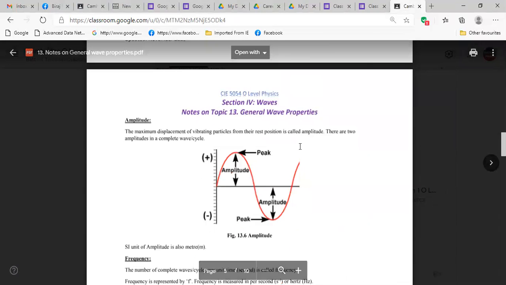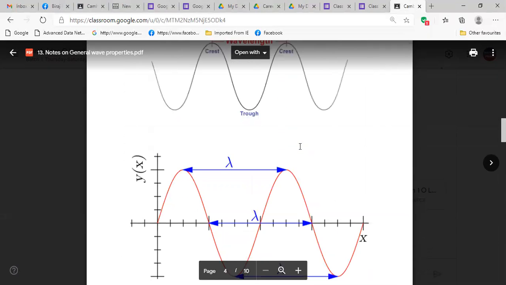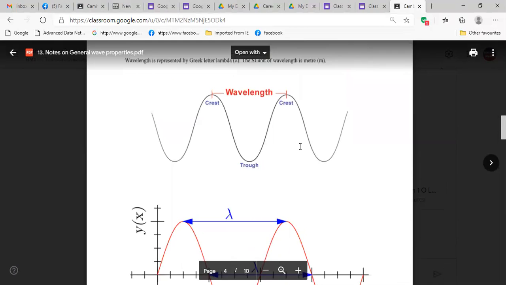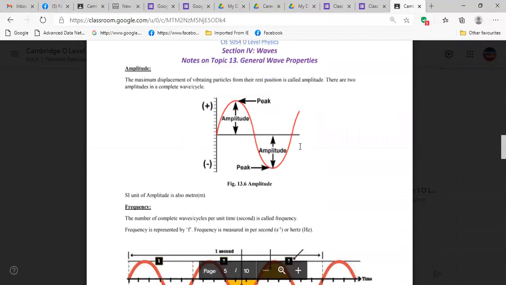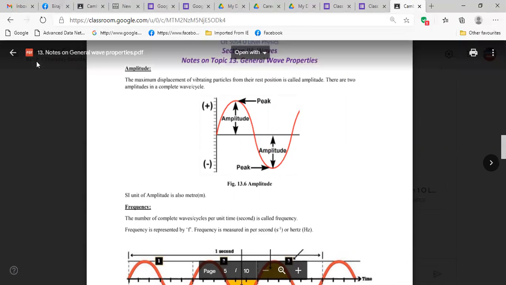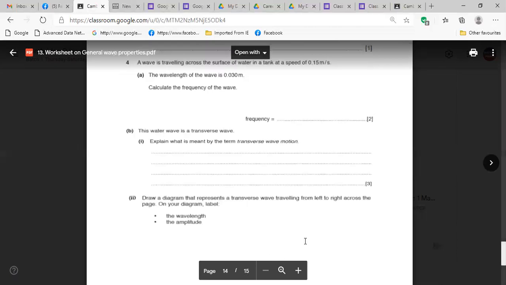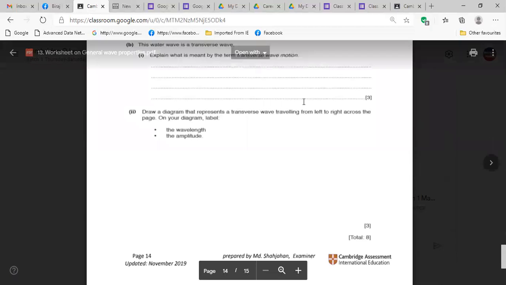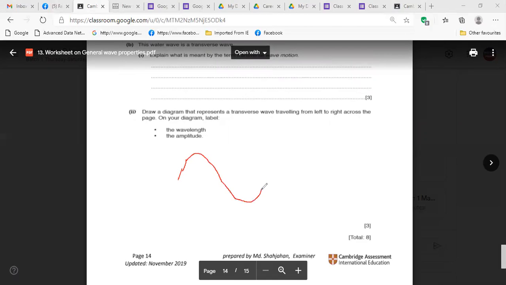Here is our amplitude, and here is our wavelength, crest to crest. So in the same diagram, now you will label both. You draw one diagram here, like before. This is our wave, and you draw one horizontal line here.